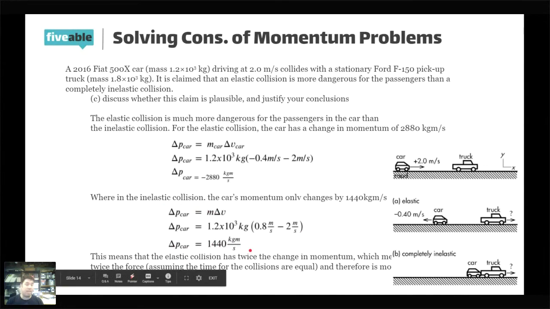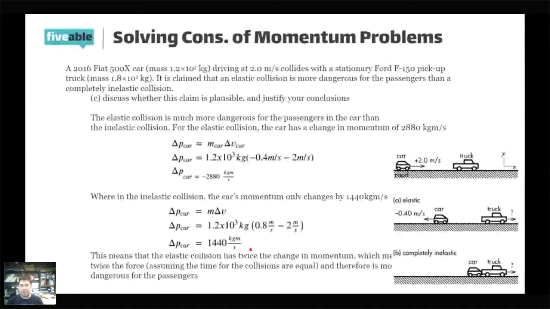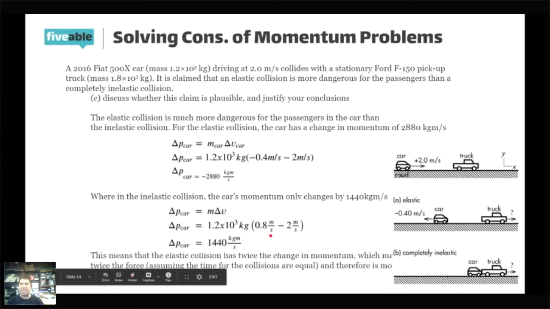So even if we have to collide, we're going to have a safer experience if the two vehicles crumple and stick together. That is why on modern cars, they are designed to crumple and break and bend and flex to make sure that you are not getting an elastic collision.